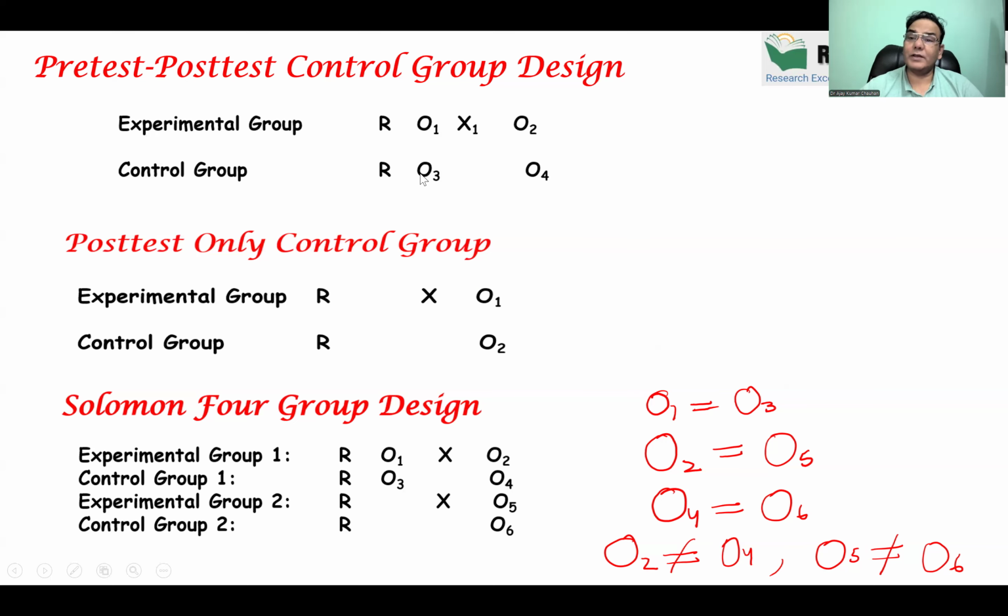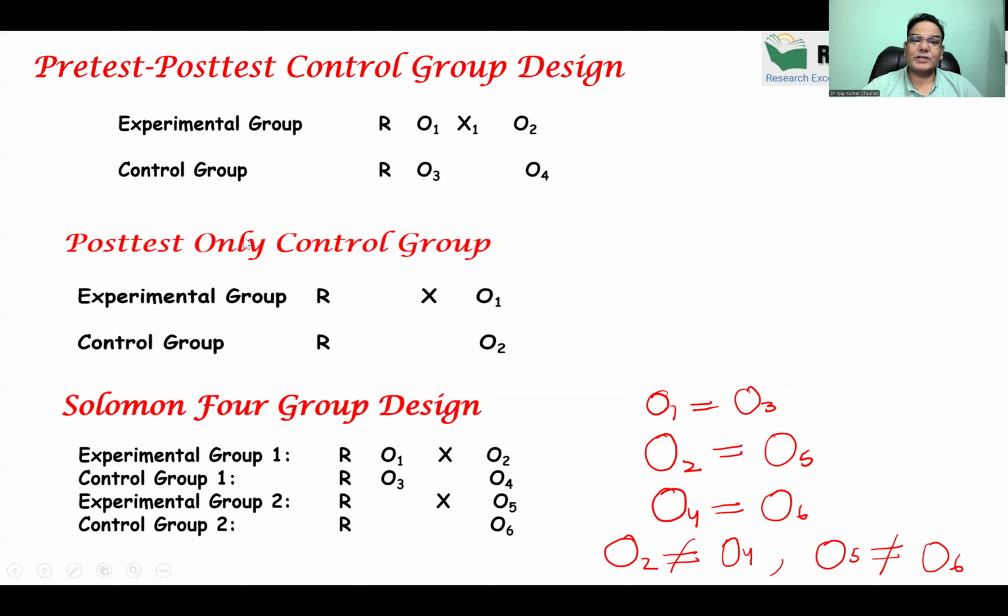If your outcome is learning, initially they must have the same knowledge. Like if you give the medicine to patients, all the patients must be equal before the experiment. One group gets the experiment, the second group no experiment, and we want to prove that O2, the measurement of the experimental group, must be better than O4. यहाँ पे O1 की वैल्यू O3 की वैल्यू बराबर होनी चाहिए because initially they must be the same, but after the experiment O2 must be better than O4.